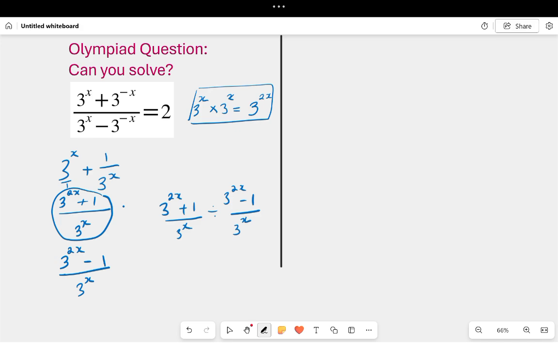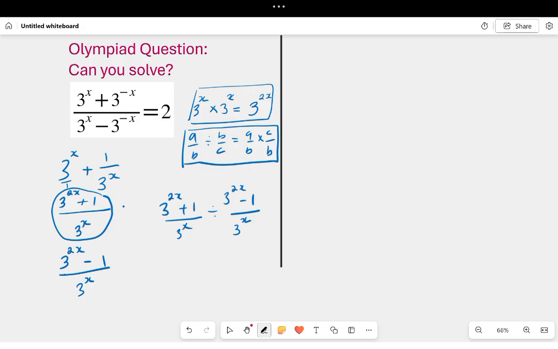Then we do it the same way as we divide fractions, all right? For example, if I have a over b divided by c over d, this is just the same as a over b times d over c, by just looking for the reciprocal of the next fraction.